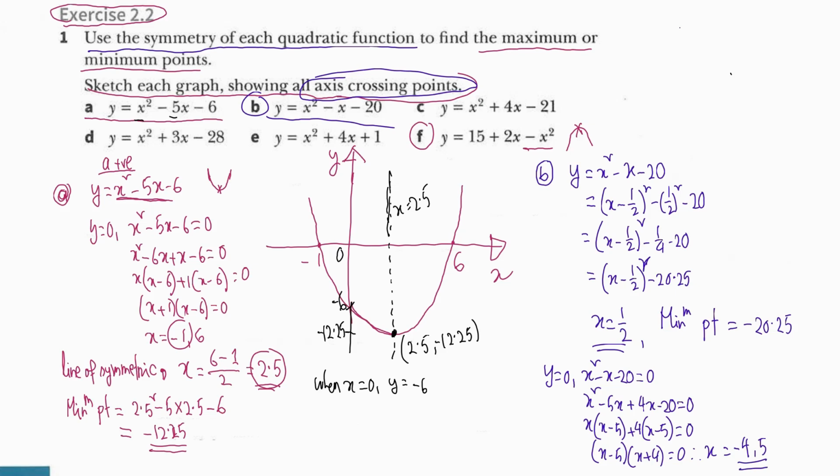Now we are able to draw the curve, because this curve has a minimum point since x squared is positive. So let me draw it here. One point it passes through is -4, so -4 is here, and another point is 5, a little bit to the right side. The turning point is not exactly on the x-axis, it is a little bit to the right.